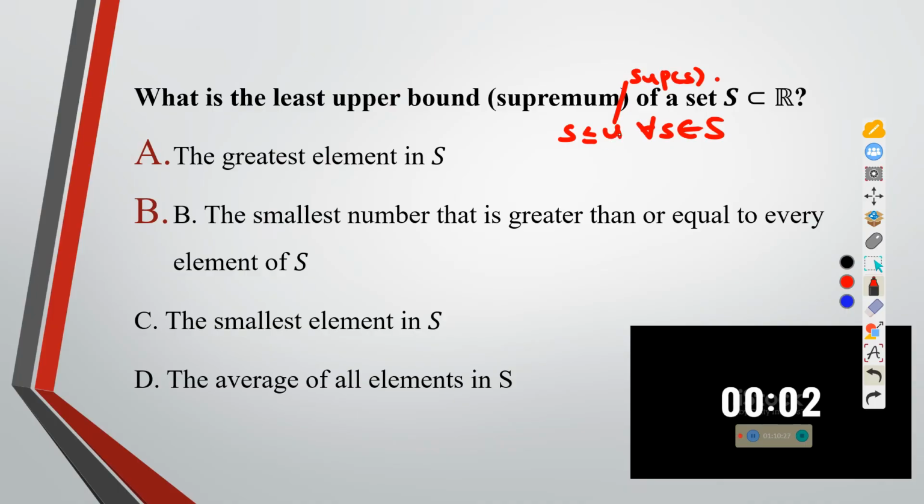And again, this is for the case that u is an upper bound, meaning that u must be an upper bound first for it to qualify to be the least upper bound.